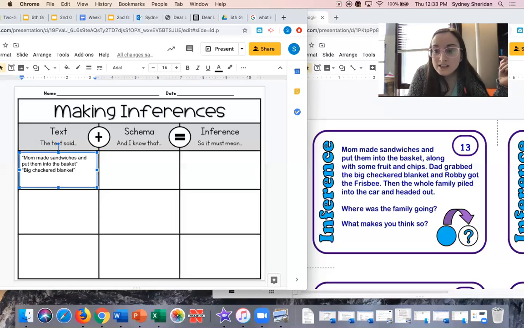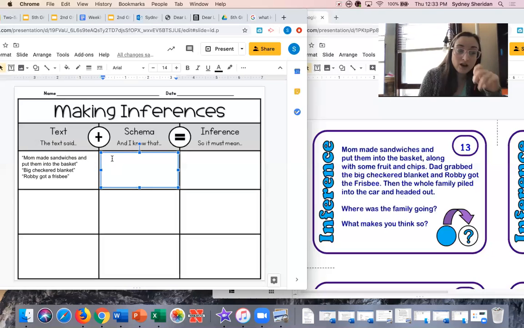And it says that Robbie got a frisbee. So it sounds like they're going to be playing outside at this place. And I remember my quotes because these are the author's words, so we need to use quotes. Okay, so those are some helpful details to help me figure out where they're going.